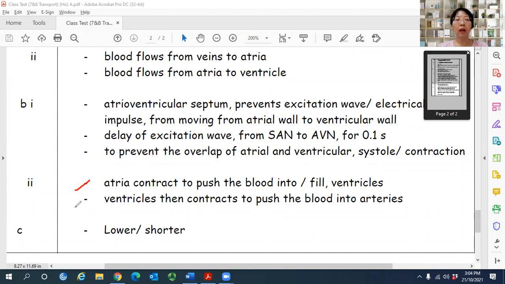And then when the ventricle contracts, it will be able to push the blood into the arteries so that the atria and ventricle do not contract at the same time. But this mark is already given here, so it will not be given again in the same marking point, it will not be given in 2 questions.